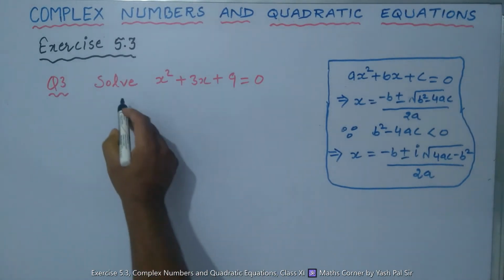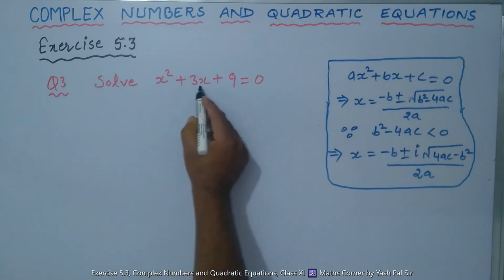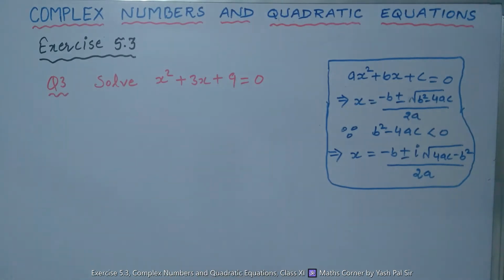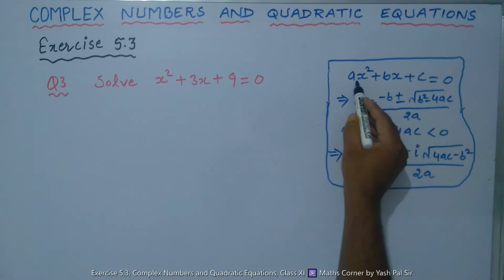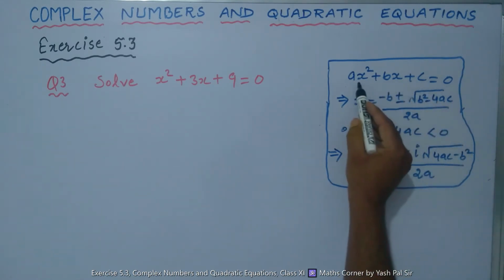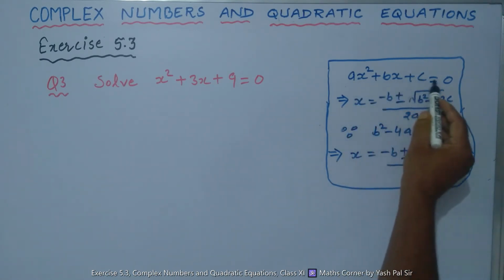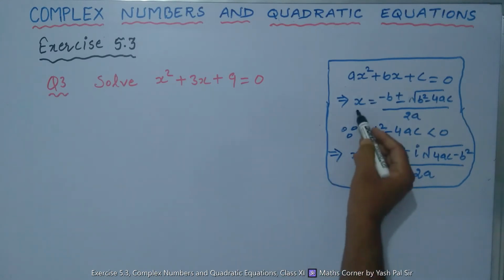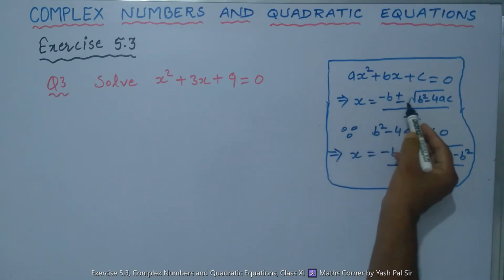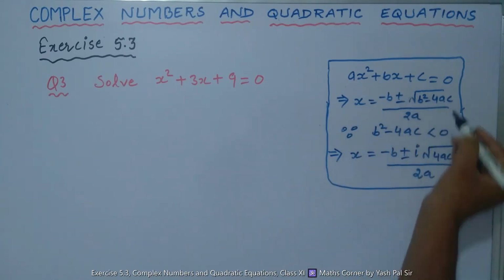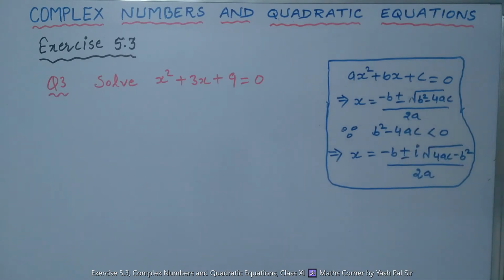Question number 3: solve x square plus 3x plus 9 is equal to 0. Again, we shall follow this rule, ax square plus bx plus c equal to 0. x is equal to minus b plus minus square root of b square minus 4ac upon 2a.